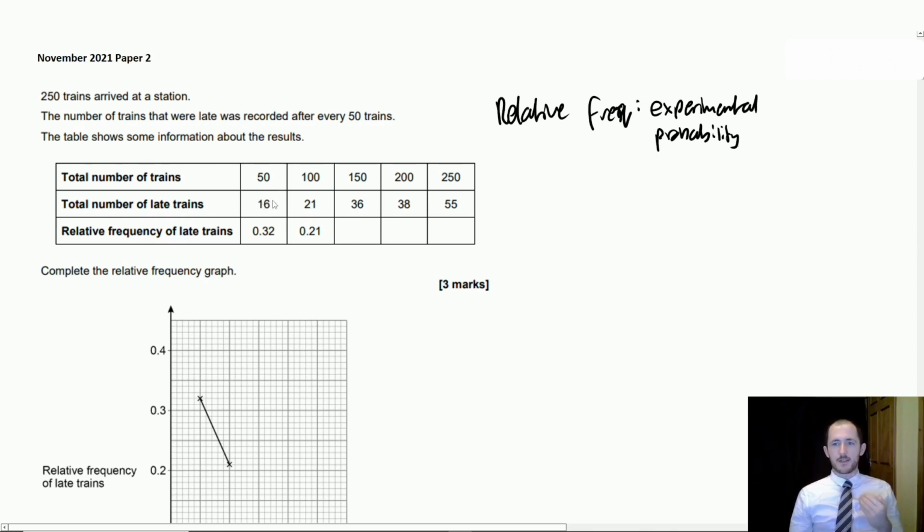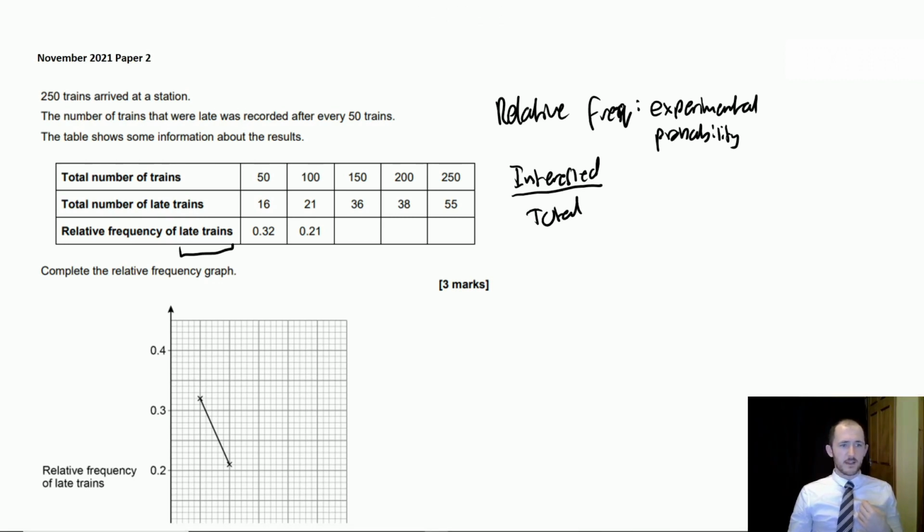If you remember, to work out any probability, all you do is take the number you're interested in. In this case, we're looking at the probability a train is going to be late, so it's the number of late trains over the total, and that is just the general formula for probability.